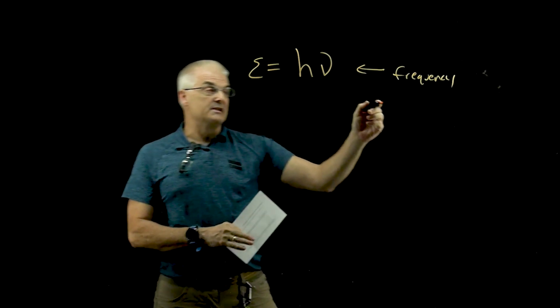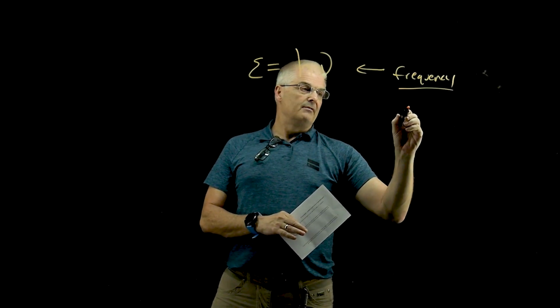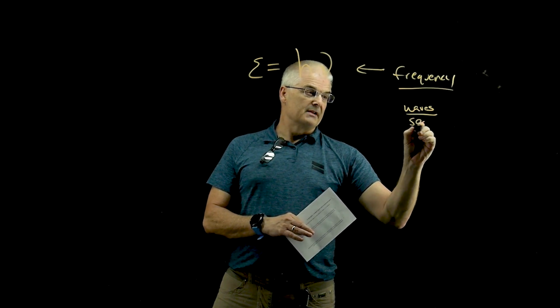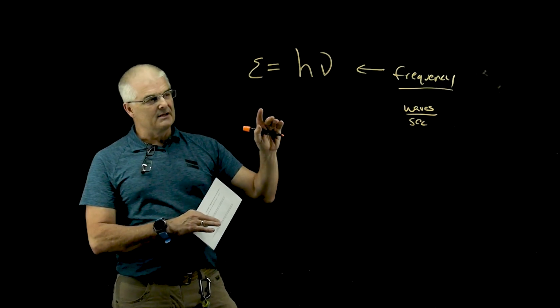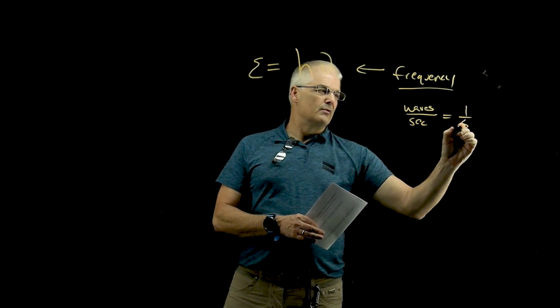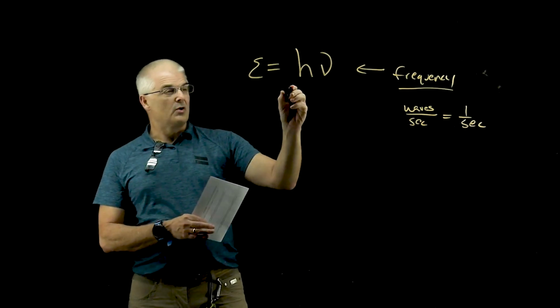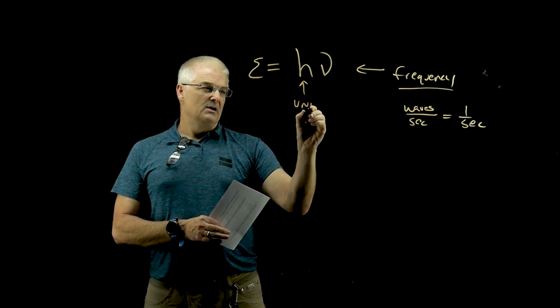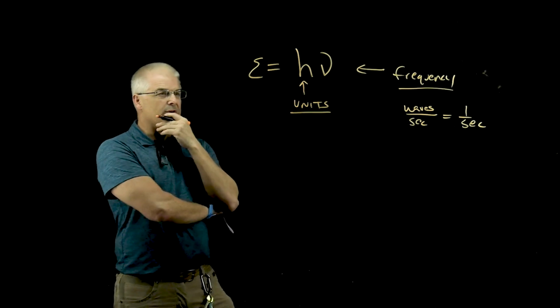Anyways, frequency is a unit of waves, because it measures waves per second. You don't actually count the waves, so it's actually just 1 over seconds. And so the question I'd ask you is, what would be the SI units for h?